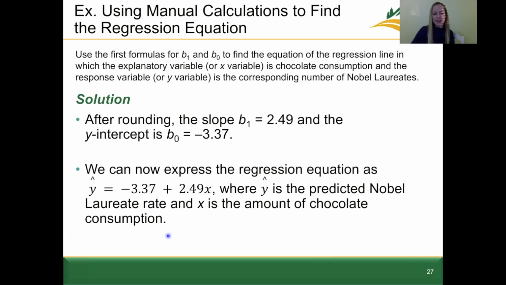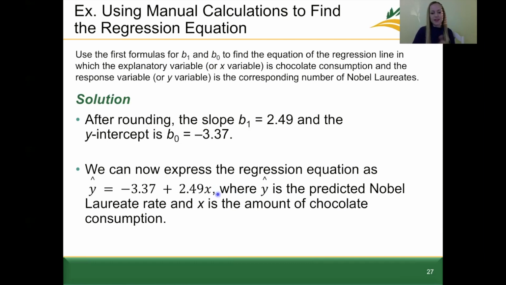Now, anyways, if we reformatted this, it would be y hat is equal to 2.49 times x minus 3.37. We remember the meaning of y hat here. It's the predicted Nobel laureate rate, and x is the amount of chocolate consumption.